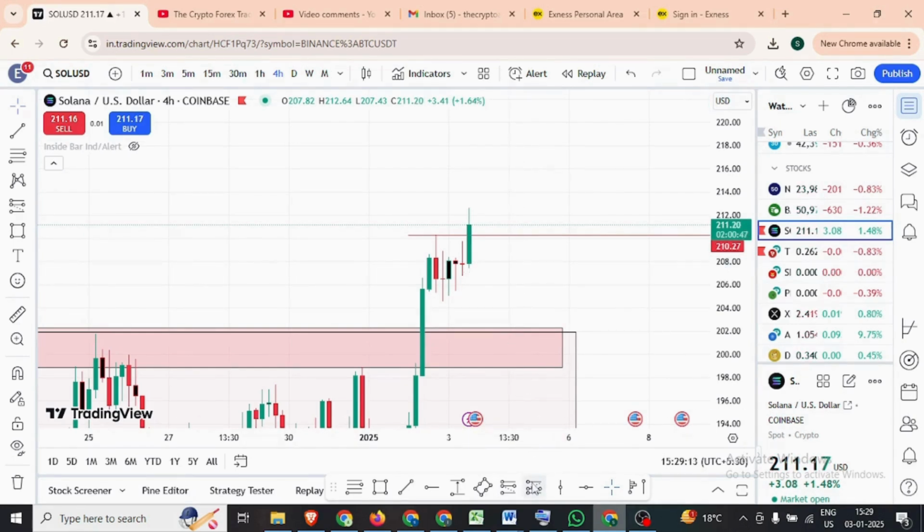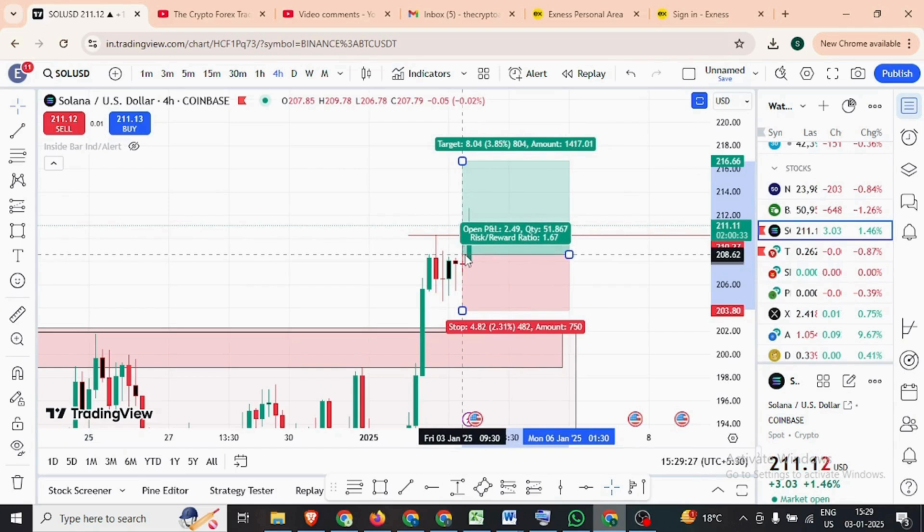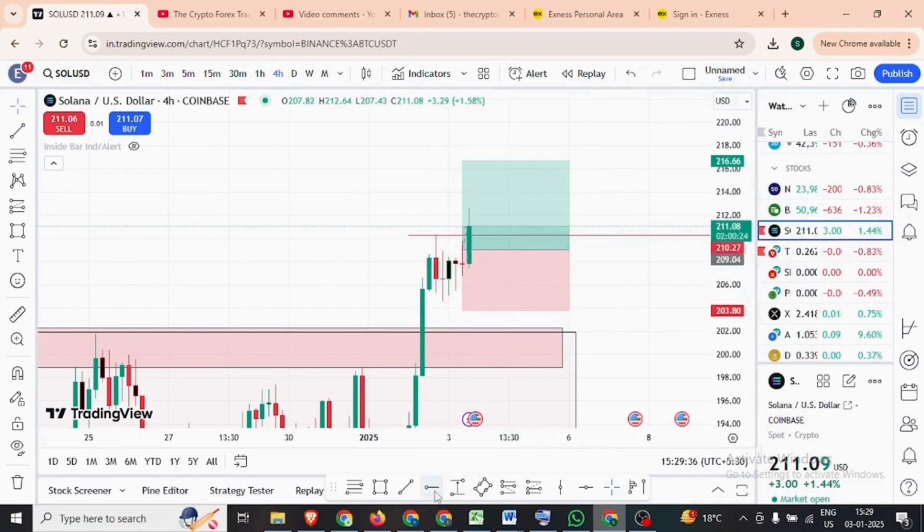Right now, let's mark the levels for entry, stop loss and target as well. Here is our entry area. As you can see, we have an early entry at this level right here. Let's mark it.